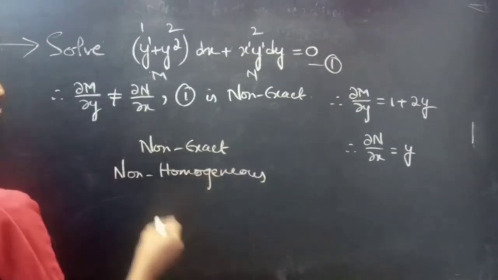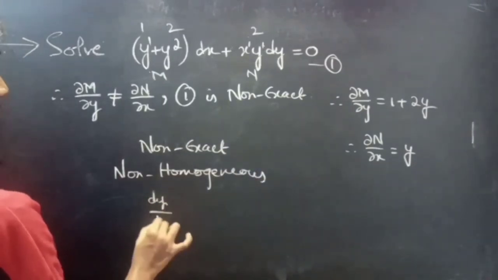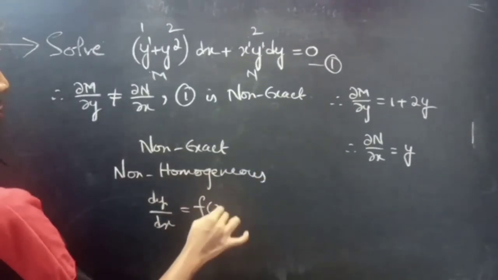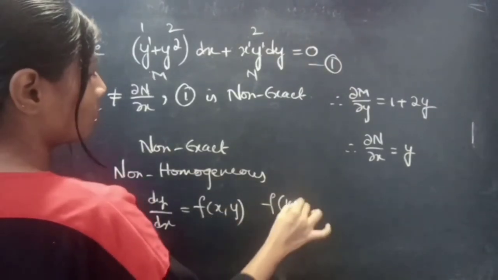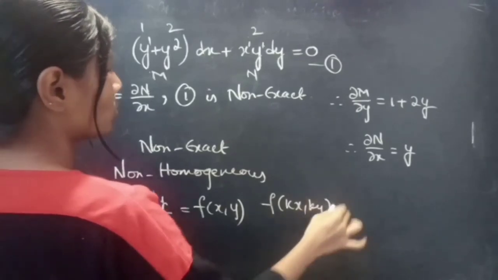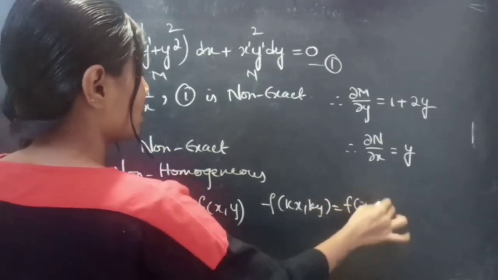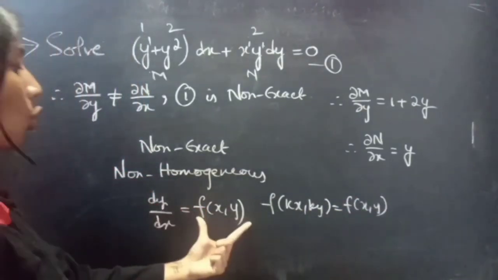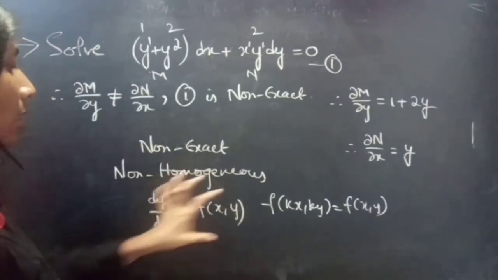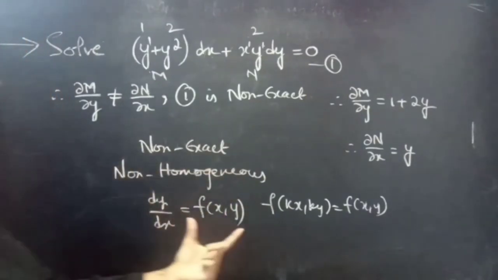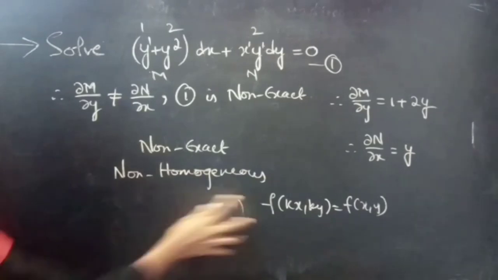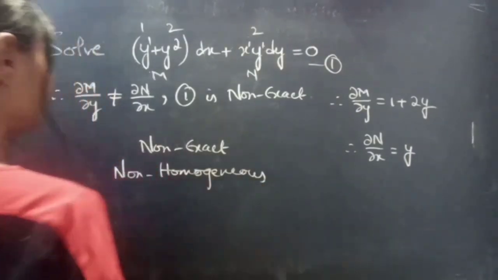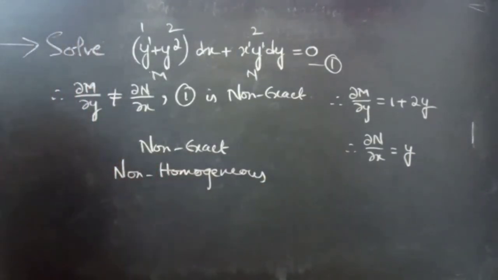Or you can write the given equation in dy/dx equals some function of x, y form. If you get f(kx, ky) equal to f(x, y), then we can say that this function is a homogeneous function. Then the differential equation involving a homogeneous function is called a homogeneous equation.